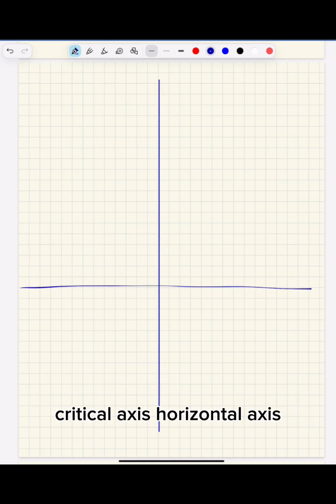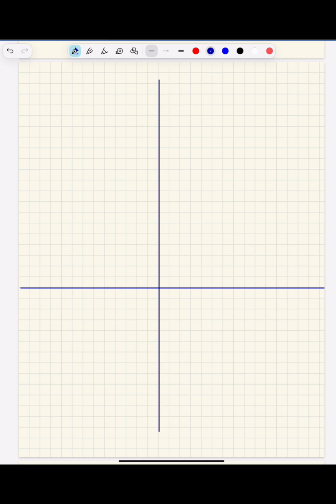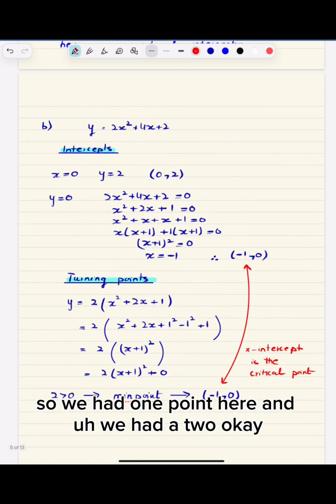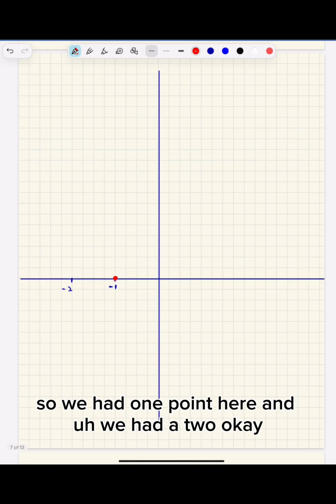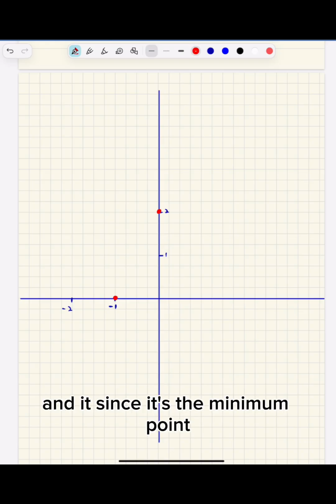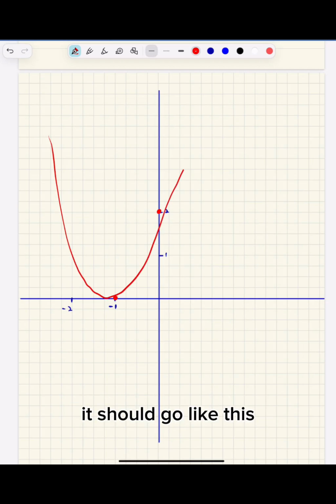Vertical axis, horizontal axis. We had minus 1, minus 2, so we had 1 point here, and we had a 2. So 1 2 3 4, 1 2 3 4. These are the 2 points, and since it's the minimum point, it should go like this.